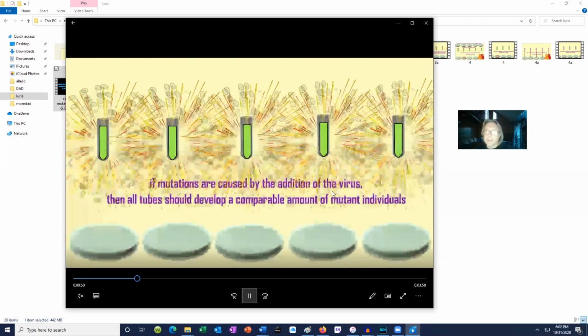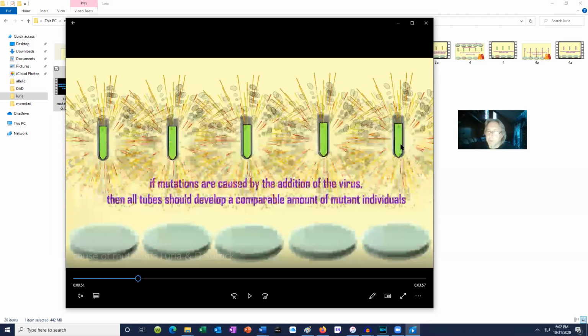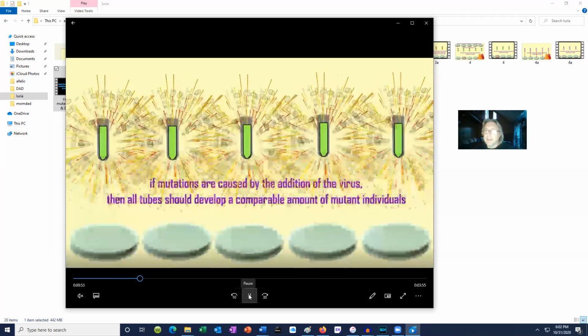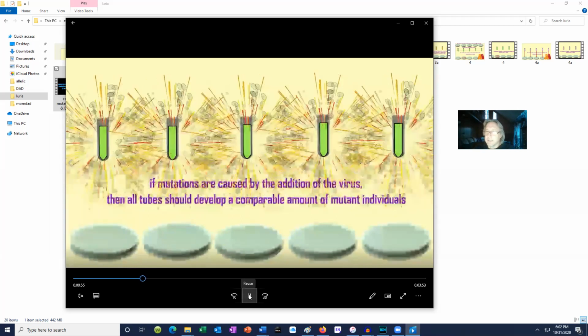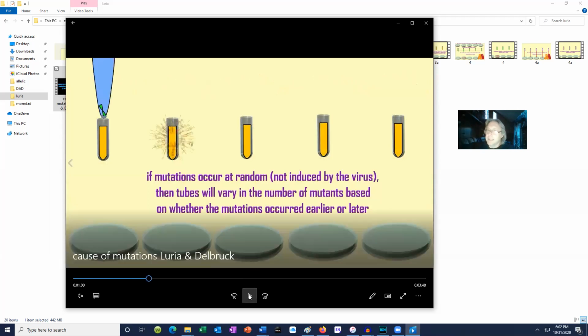Now, the idea was that if it is the virus addition which is the stimulus for the mutation, so if you ask these bacteria, why did you mutate? If the answer is, because you added virus, and the addition of the virus induced the mutation, then because you did it in 5 different tubes in the same exact way, they should all undergo mutation at the same levels.